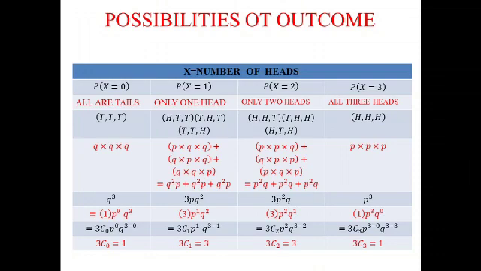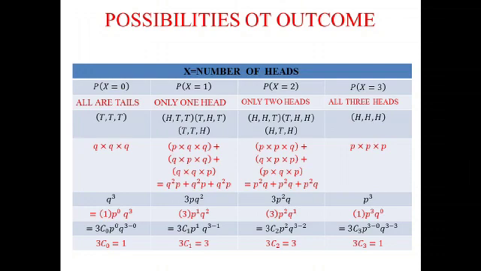So it's q into q into q. That is q cubed, or it can be written as 1 into p power 0 into q cubed, because anything power 0 is 1. Or we rewrite it as 3C0 p power 0 q power 3 minus 0. Please understand, 3C0 stands for in 3 flips of the coin, no heads were got. So that 3C0 stands for the combinations.